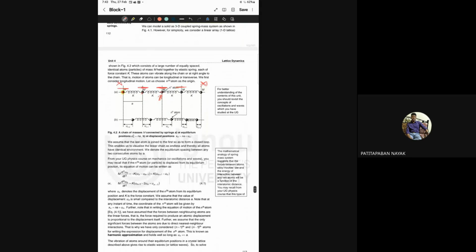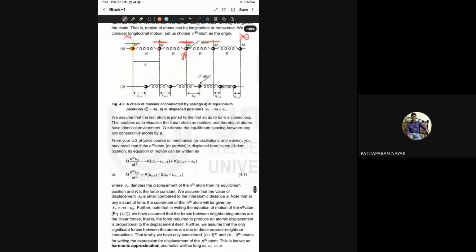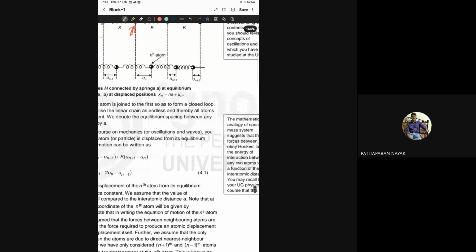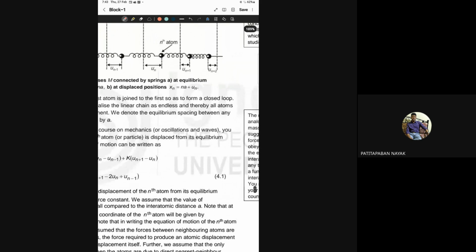So that is what is explained in this mathematical equation. What exactly is it telling? All of us know, let me write down the simple form of the equation: F is equal to minus kx, right? That is simple harmonic motion.